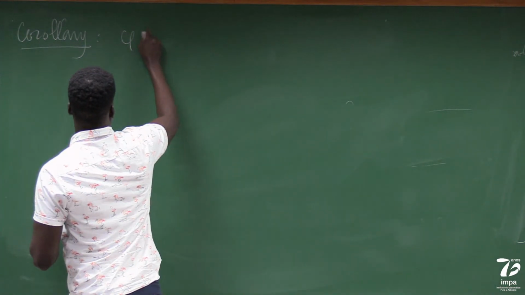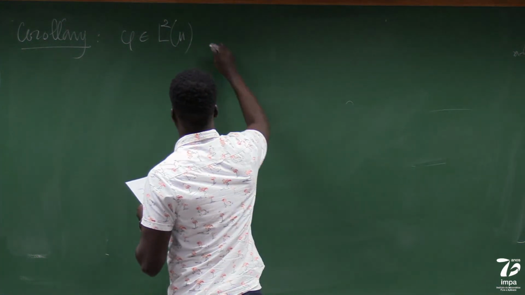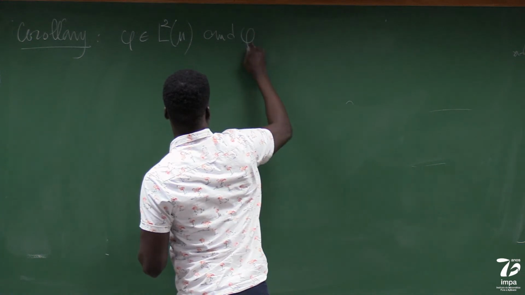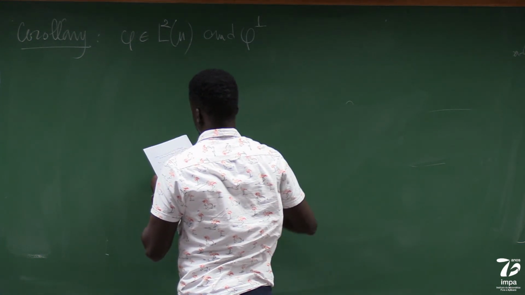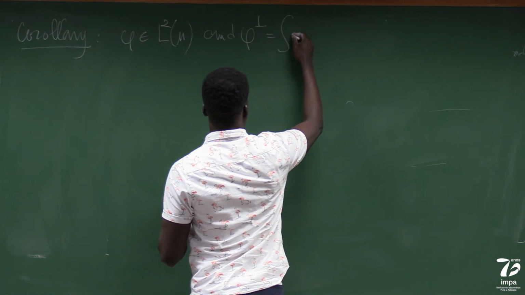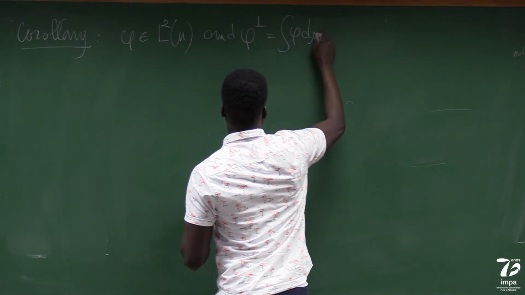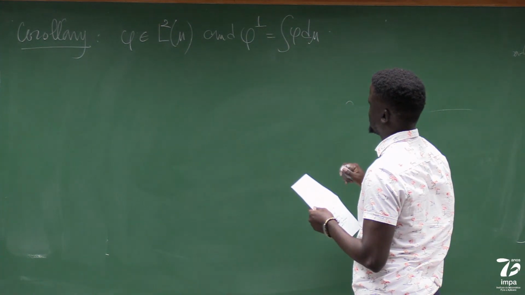So phi is in L2 mu, and the projection, as we've seen the other time, is just the integral of phi d mu.